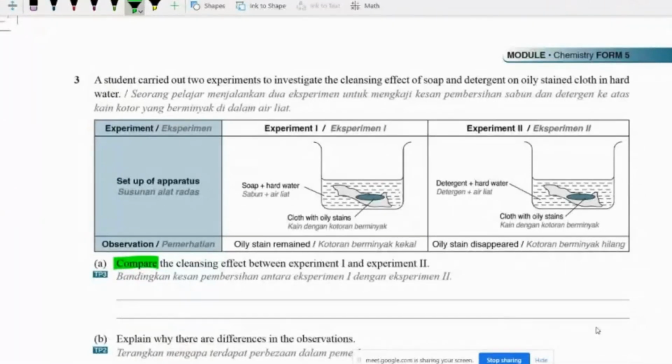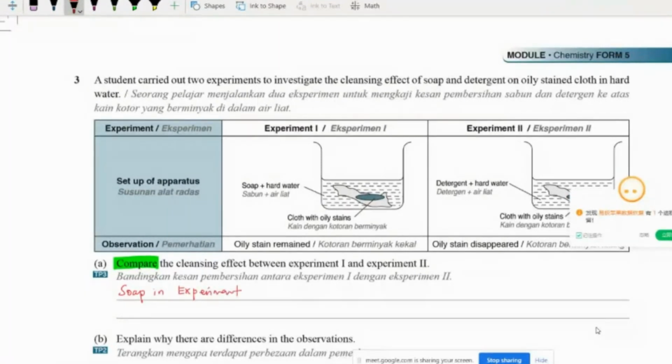We can mention soap in experiment 1 is not effective in hot water as cleaning agent.